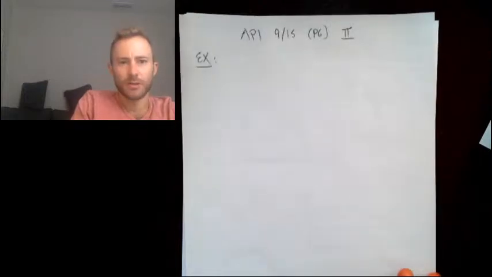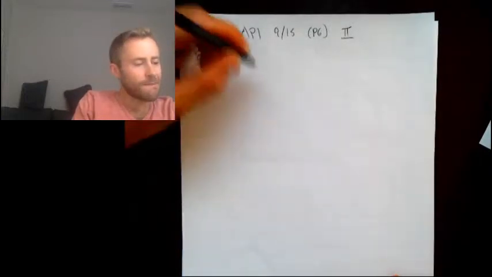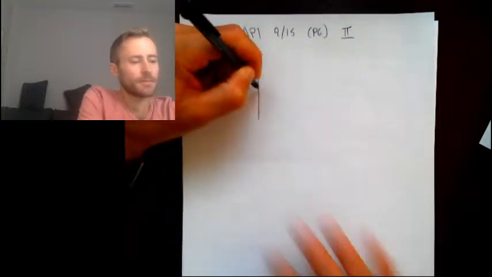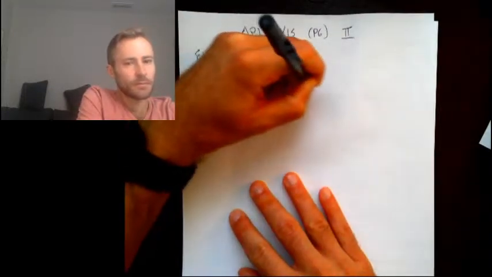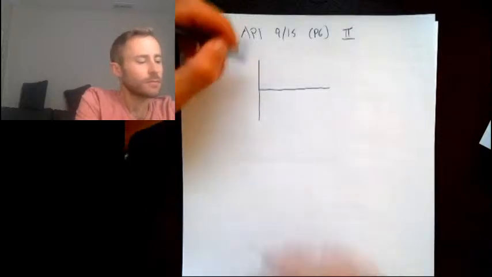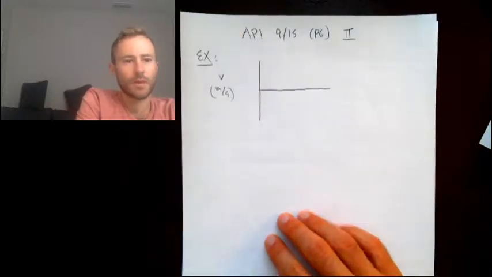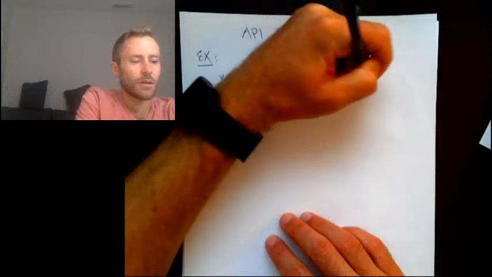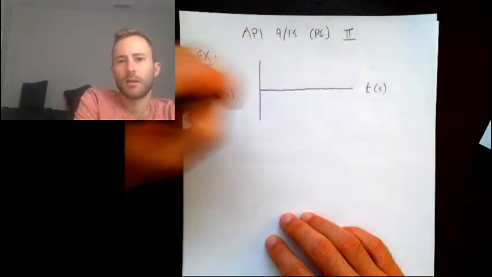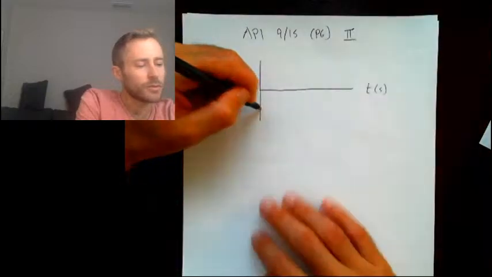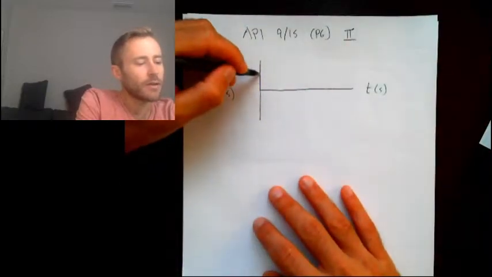Let's do another velocity time graph. Let's suppose that it looks like this.